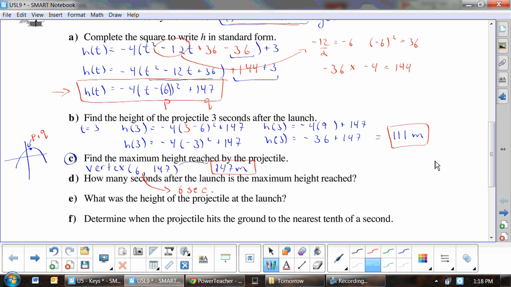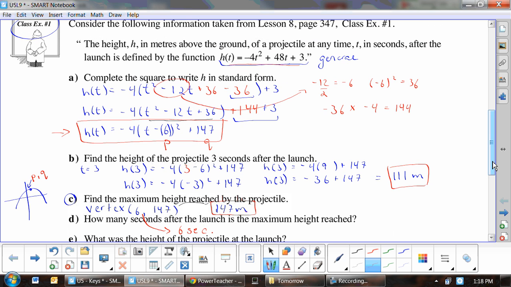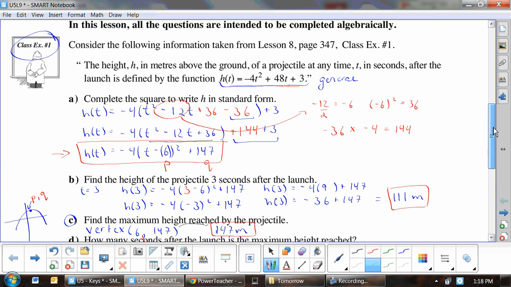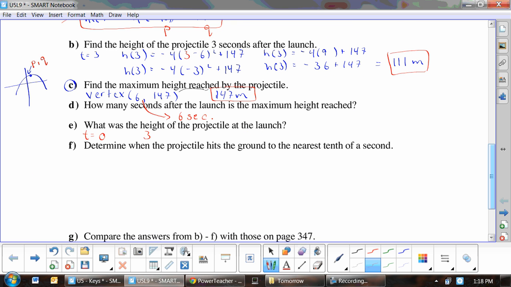So it'd be time is equal to 0 because it's right at that second that it starts, right? And so this is basically just our y-intercept if we were to graph this. And we can look at even this one and say, oh, we know that when t is 0, our height is 3 meters.